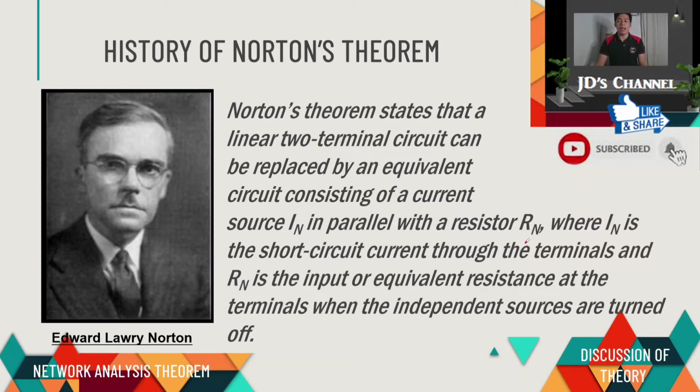So where IN is a short circuit current through the terminals and RN is the input or equivalent resistance at the terminals when the independent sources are turned off. So ayan, lagi niyong tatandaan, ito po class na yan yung ating IN and RN kapag sa Norton's Theorem. Okay, and yung kanyang itsura.